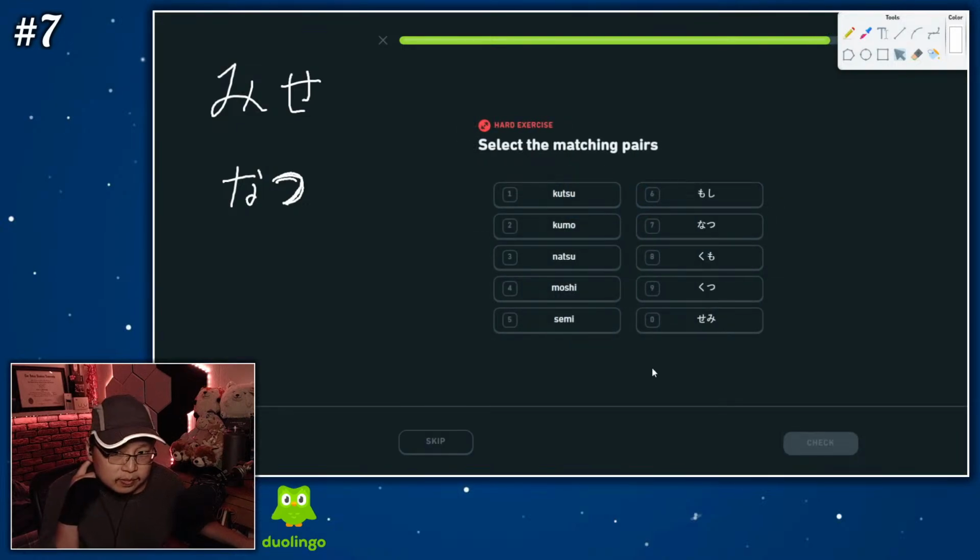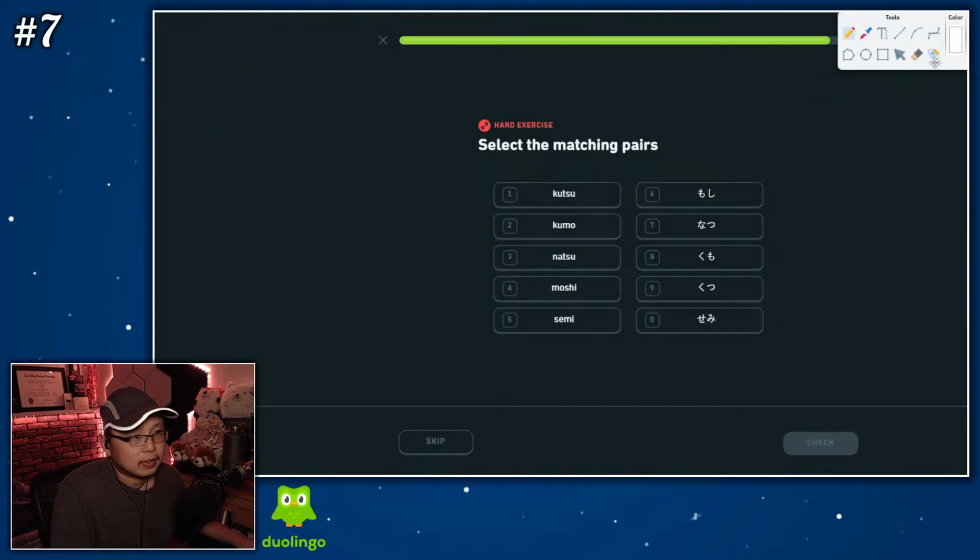Summer, right? Natsu. All right. Oh, these are the good ones. And I told myself I was going to do only half of them, but I'm in the mood right now. Katsu. I mean kutsu. Why did I say ka? Kutsu. Kumo.